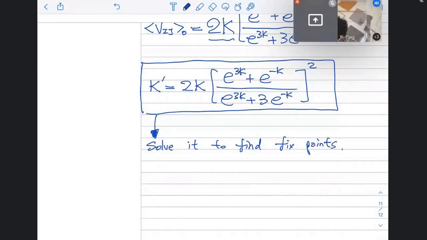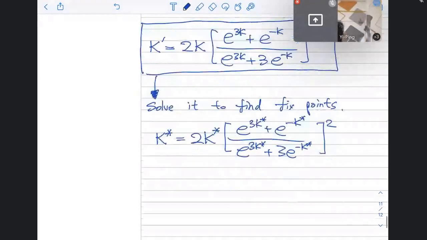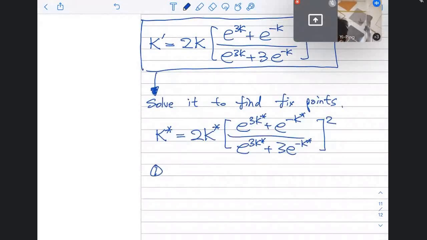By staring at it, if it is a fixed point, it needs to satisfy this condition. So one trivial solution is that you just set K star equal to 0. A second trivial solution is K star equal to infinity, because infinity is equal to infinity.